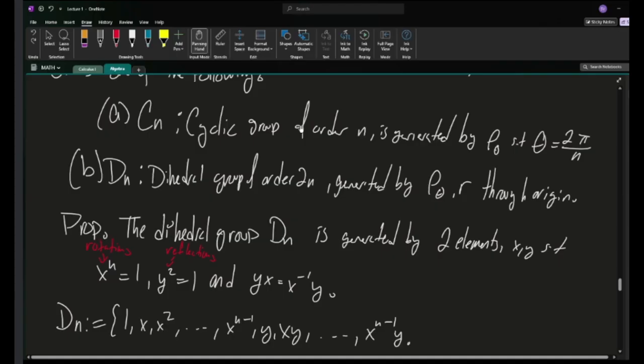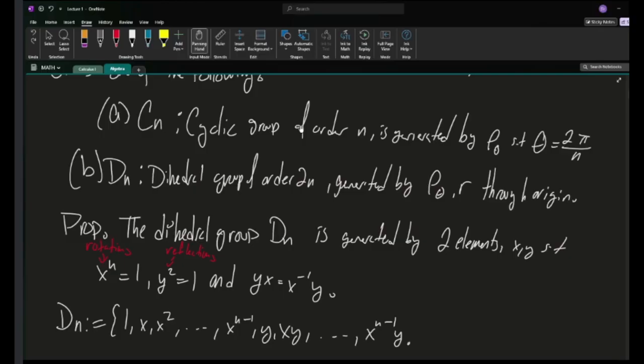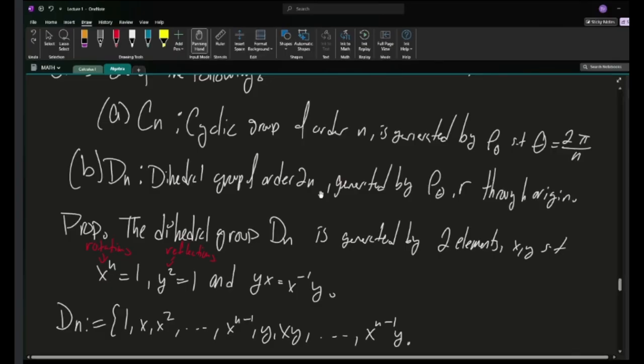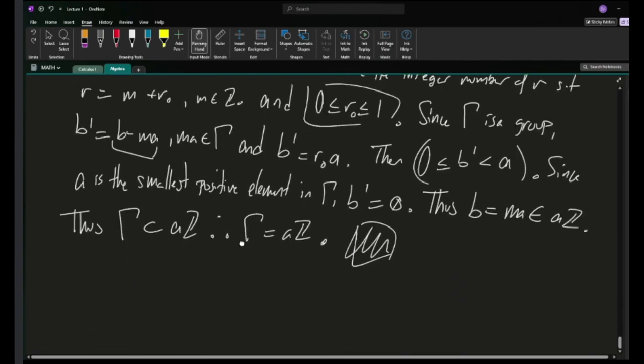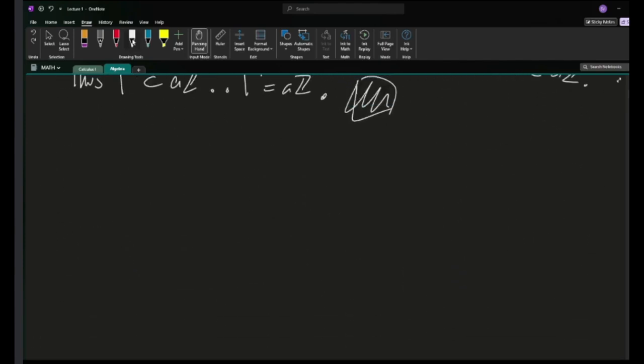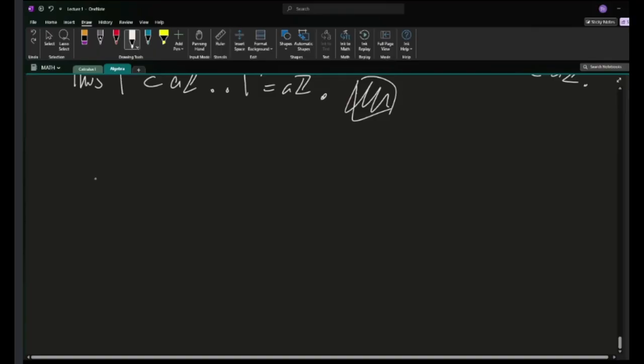There's a cyclic group of order n, which is all the rotations generated by theta equaling 2 pi over n, and the dihedral groups of order 2n, which include both the rotations as well as the reflections through the origin. With that in mind, let's prove this theorem.